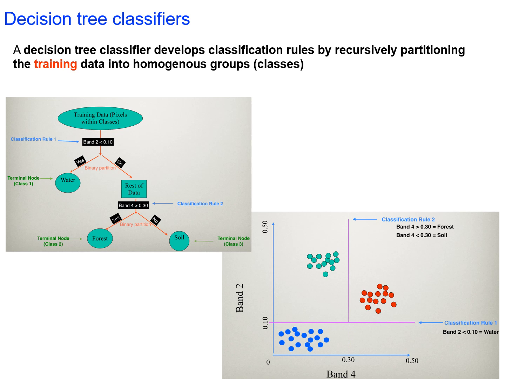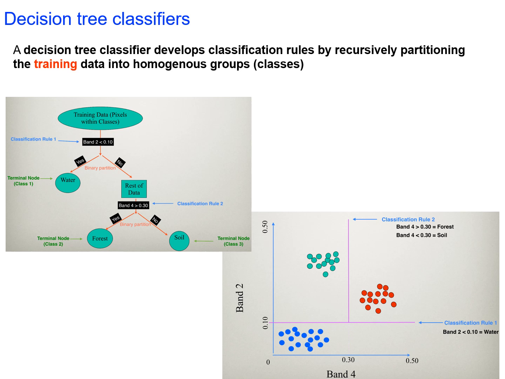And we're plotting them in a feature space, band 4 versus band 2. The first thing that a tree classifier is going to do is look for a simple rule that is going to separate out one or more of the classes from each other. And it can immediately find one.